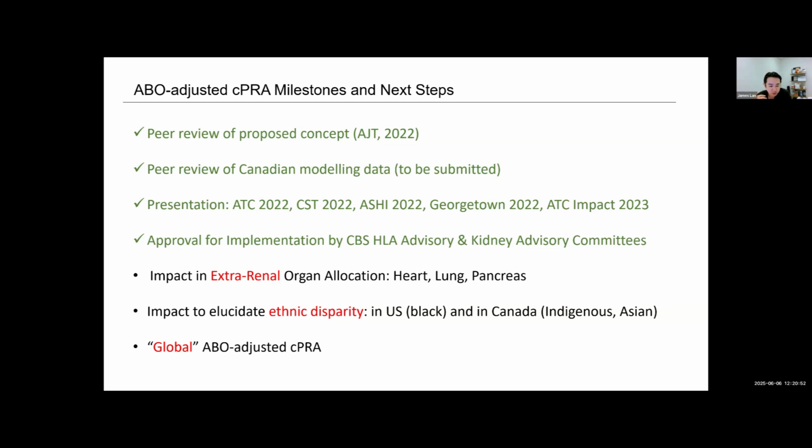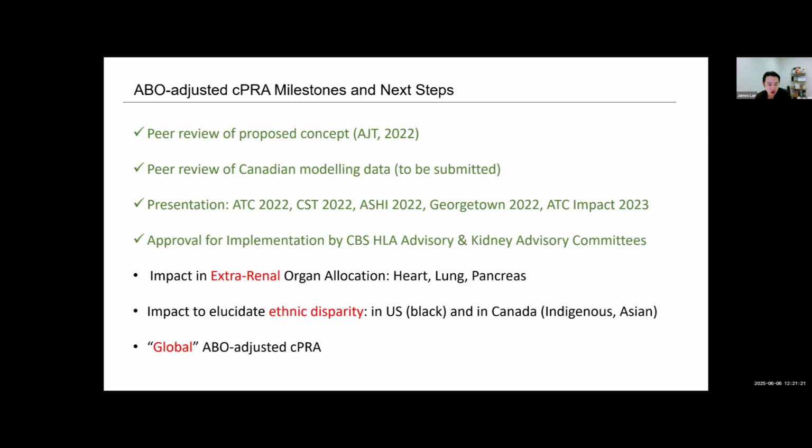And to me, the most exciting part is when we presented this new metric, a lot of other countries, such as in Poland, Ukraine, Europe, Asia, they said, well, this completely makes sense to them. And they would also like to see how they can apply this new metric. And we are now discussing a new proposal to develop a global ABO-adjusted CPRA metric where any jurisdiction can put in their data set and we would help them build a calculator.